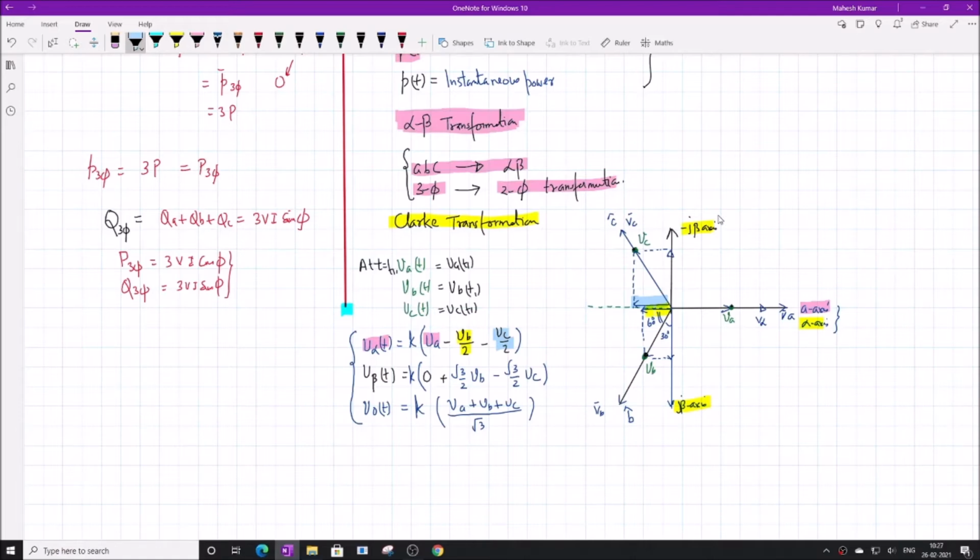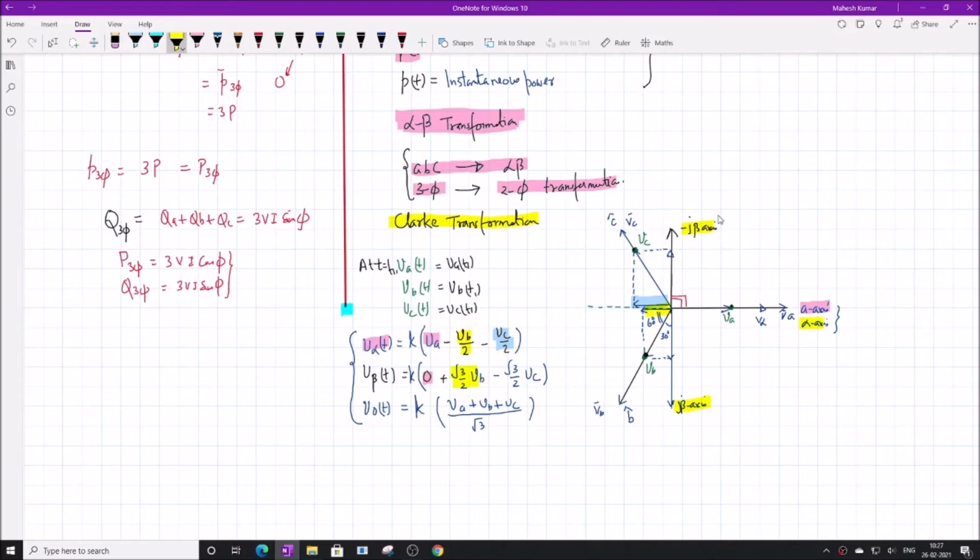There is no projection of VA along the beta axis because they are perpendicular axes, so this is 0. The component of VB along the beta axis is cos 30 in the negative direction, but since we have taken this as the positive beta axis, it is plus root 3 by 2 into VB, that is VB cos 30.